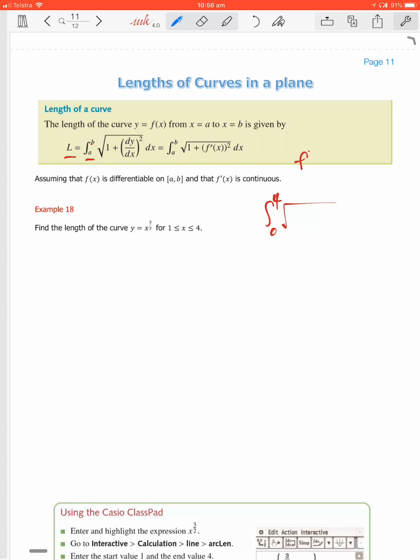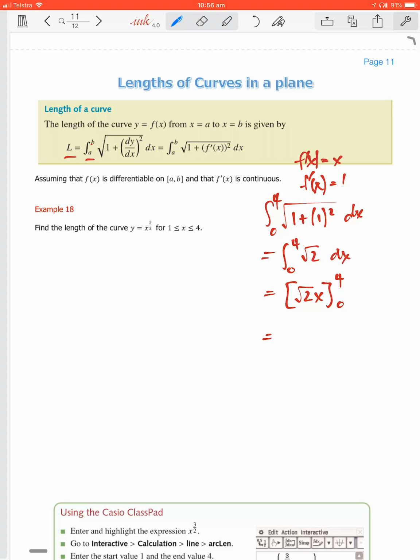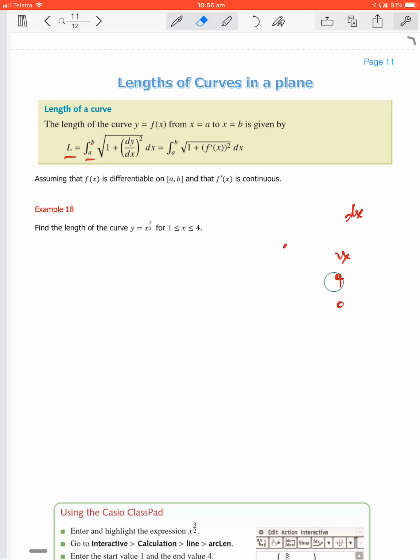We know f of x is x, f dash x is 1, so we'd have the square root of 1 plus 1 squared dx, which is the integral from 0 to 4 of root 2 dx, which is root 2 x between 4 and 0. When we sub 4 in, we get 4 root 2. When we sub 0 in, we get 0, so we get 4 root 2, which is exactly what we got doing it as a straight line.